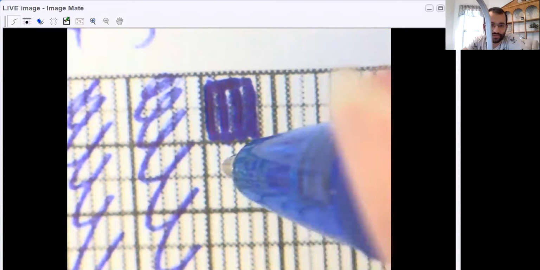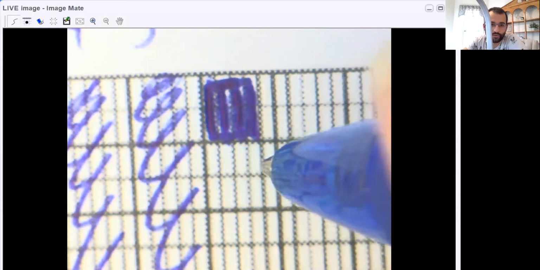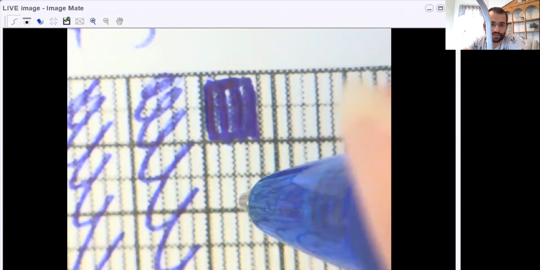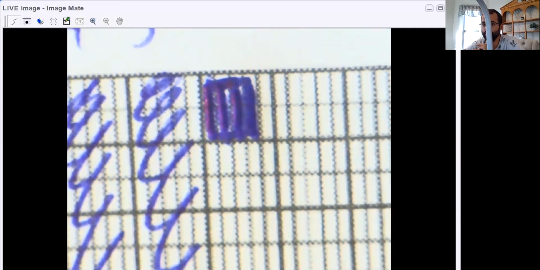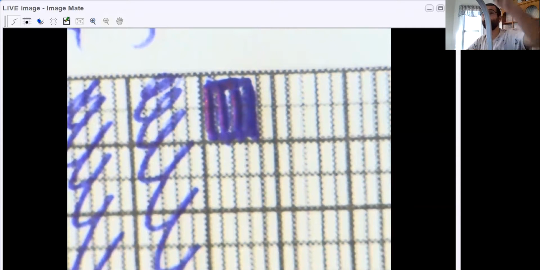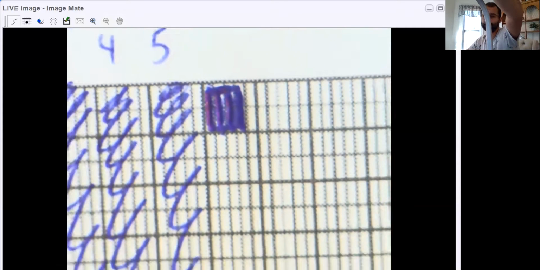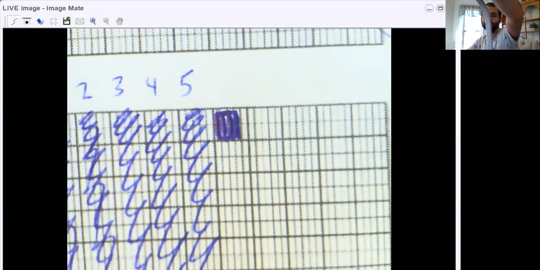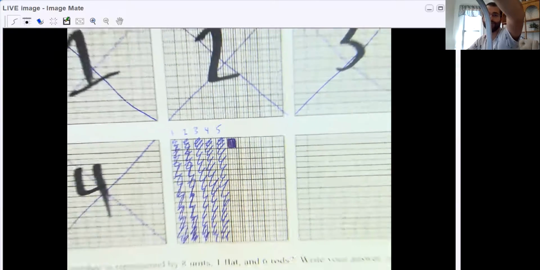Let me see if I can show you. 1, 2, 3, 4, 5, 6, 7, 8, 9, 10. There's 10 in each unit. I need to shade 8 of them. So those are what we call our tiny cubes or our tiny units. Okay, so we've got that as well.